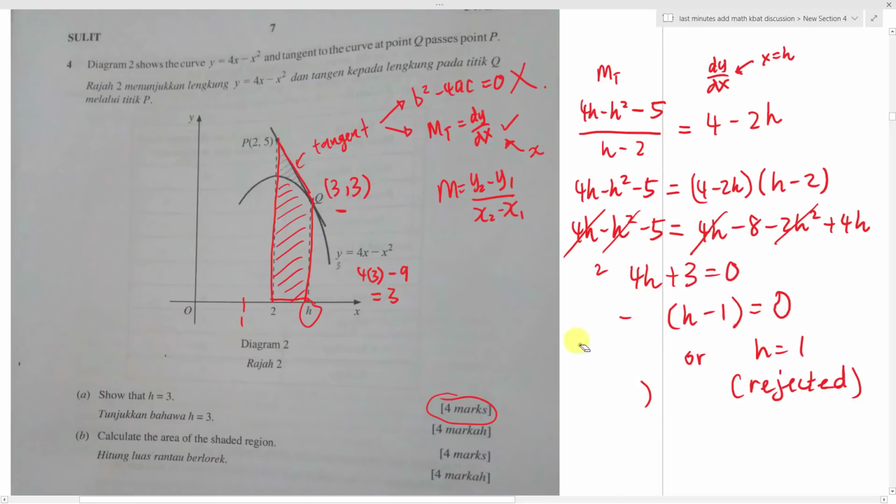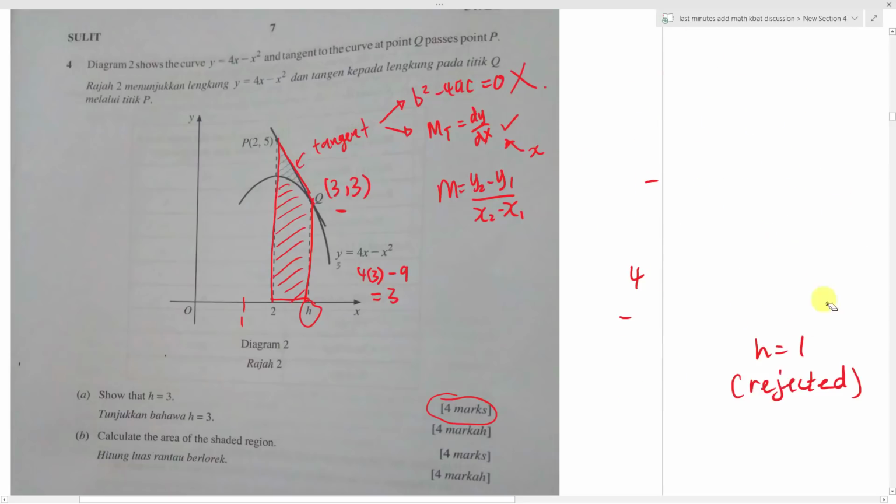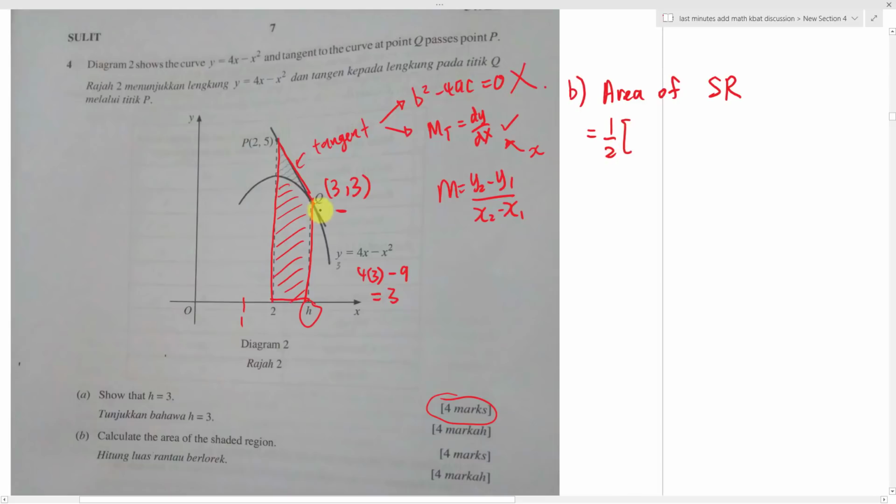So, let's find the area of the shaded region. I'm going to reuse this place, so please allow me to erase it. So, part B over here, if I want to find the area of the shaded region, I will find the area of the trapezium, which is half (a plus b), which is 5 plus 3, and then I multiply by the height.